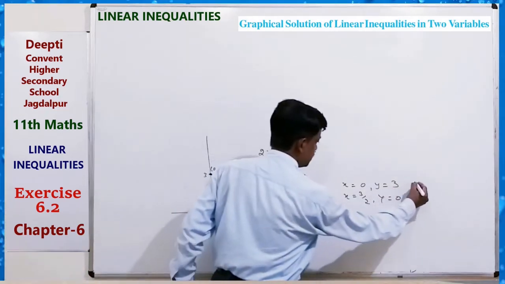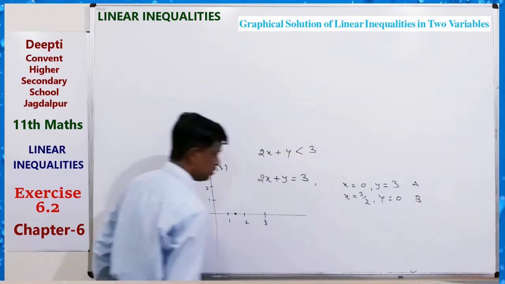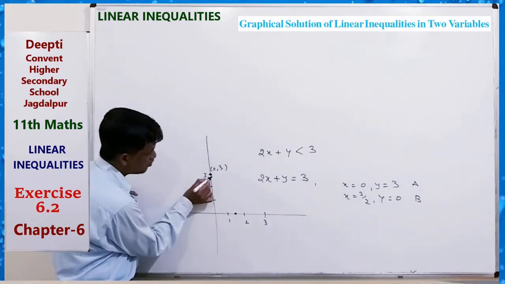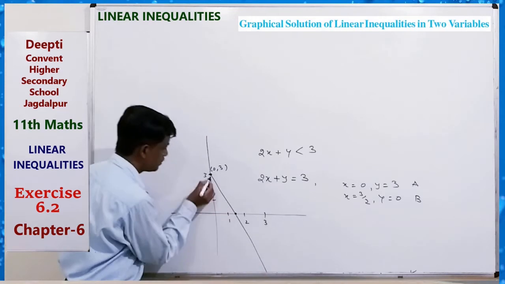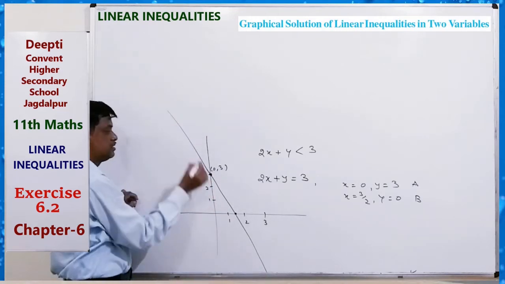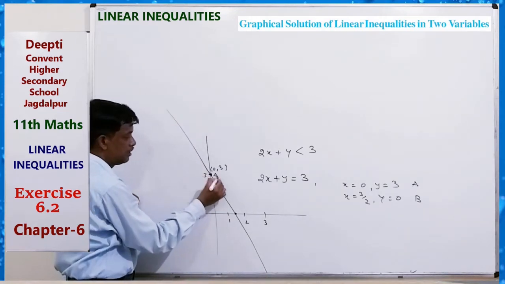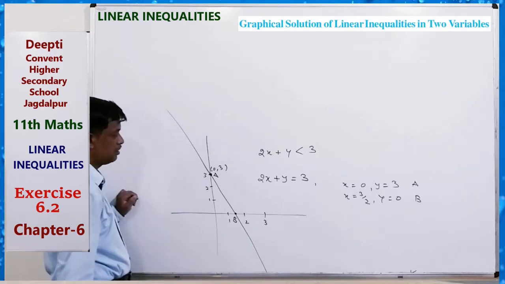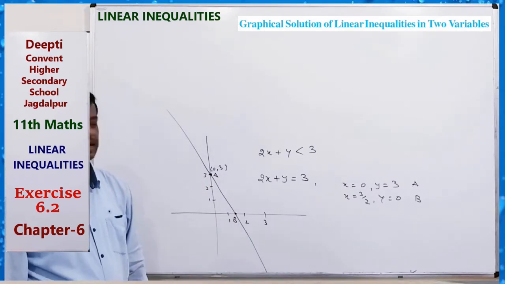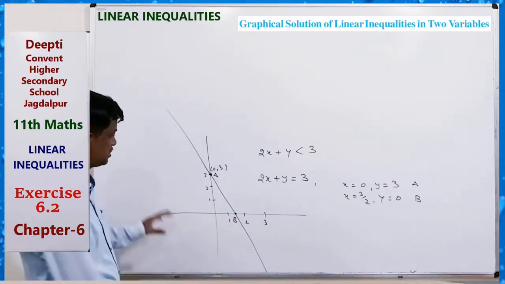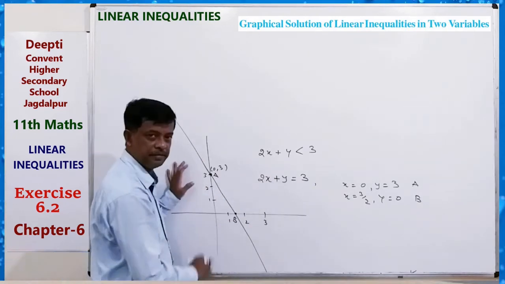This point is A and this point is B. Join these 2 points; this is the line, the graph of the equation.